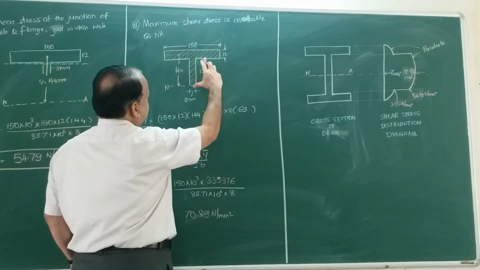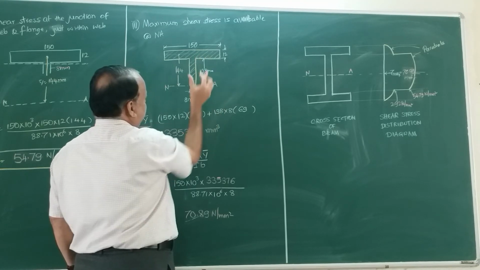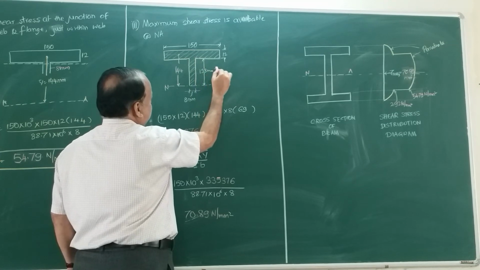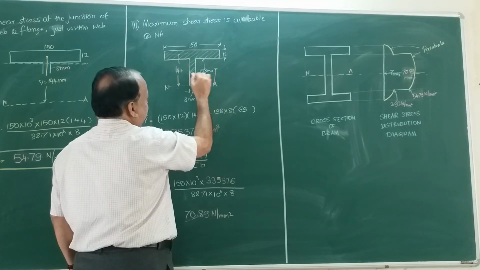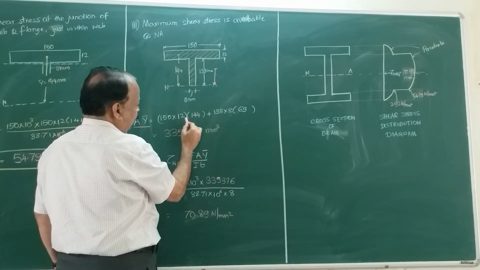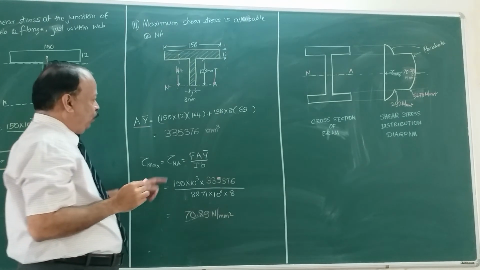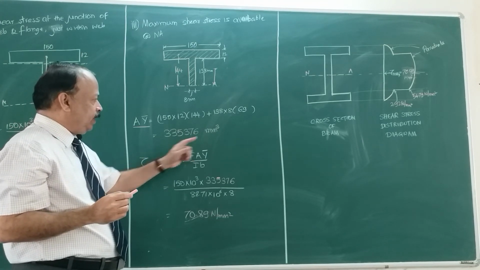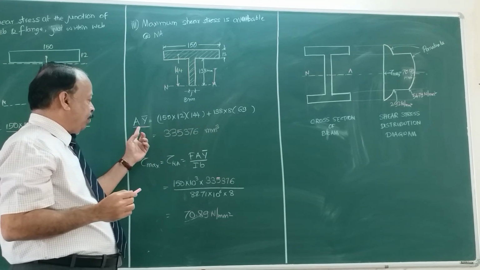Then the second is 138 by 8, and distance of CG of this is 138 divided by 2, 69 millimeter. On multiplying and adding, we get 3,35,376 millimeter cube as A y bar.